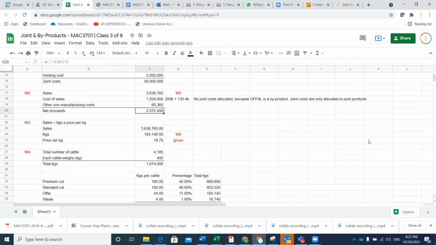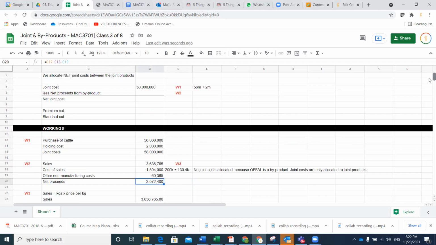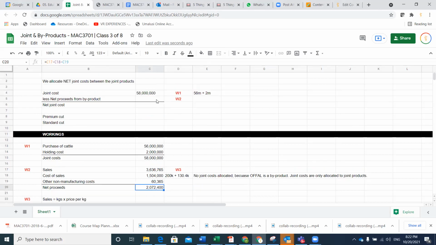So that is the, what is this now? Net proceeds. Okay, so if I go plug in net proceeds. So if we compare that minus that. So remember, we allocate net joint cost generally.